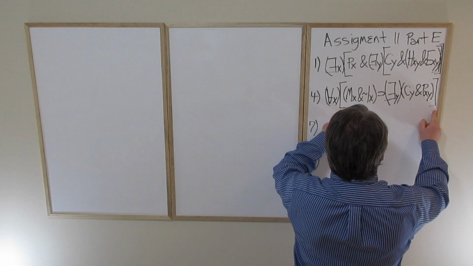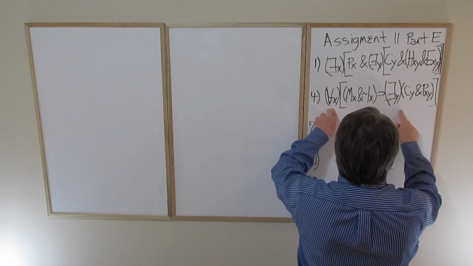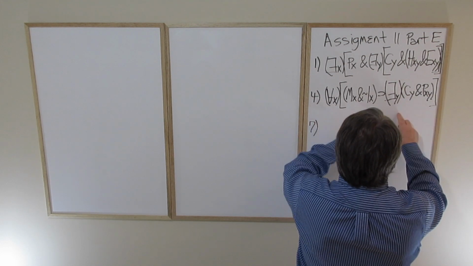So these two square brackets indicate that the universal quantifier with the x-bound variable ranges over the whole thing.